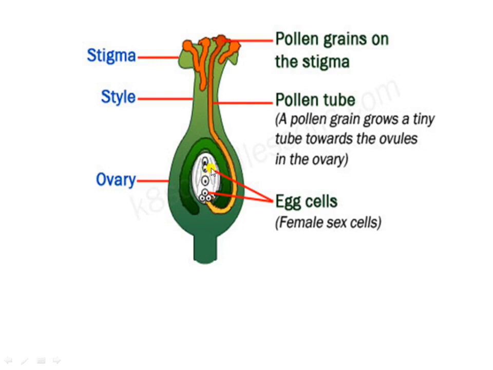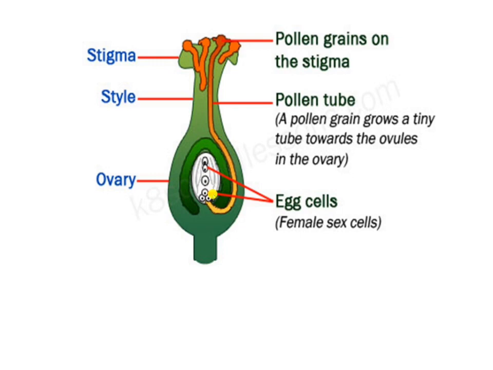Then the pollen tube elongates and grows through the style to reach the ovary, where the ovule is present. The pollen tube, carrying the male gamete, reaches the ovary part where the ovules are present, the female part.